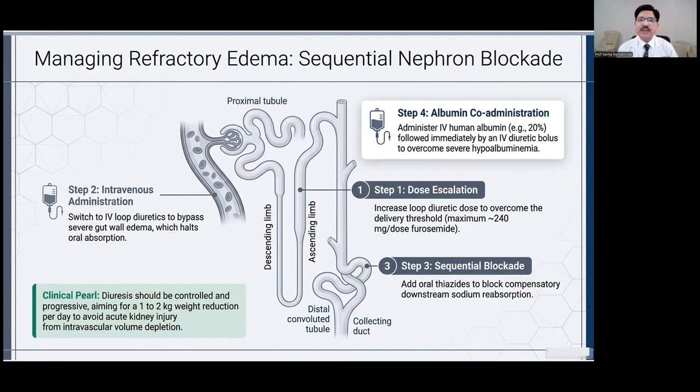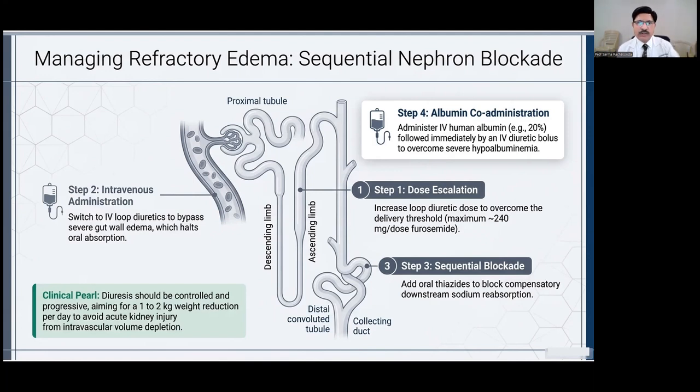Step 3, sequential blockade. I add another diuretic which blocks at the collecting duct and not at the loop. At the collecting duct, what are my diuretics? Thiazide diuretic I can use, which will act downstream. Step 4 is to administer IV albumin, increasing the albumin in the blood, followed immediately by an IV diuretic bolus to overcome severe hypoalbuminemia.